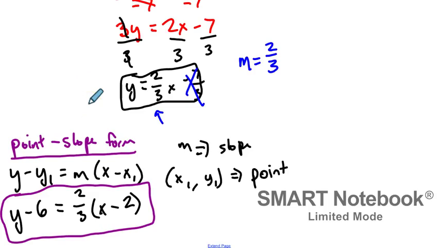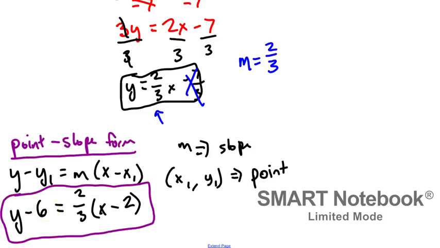It didn't say it had to be in point-slope form. It didn't say it had to be in slope-intercept form. This is an equation of a line that's parallel to this that passes through the point 2, 6. Easy enough. So I could stop there and move on.